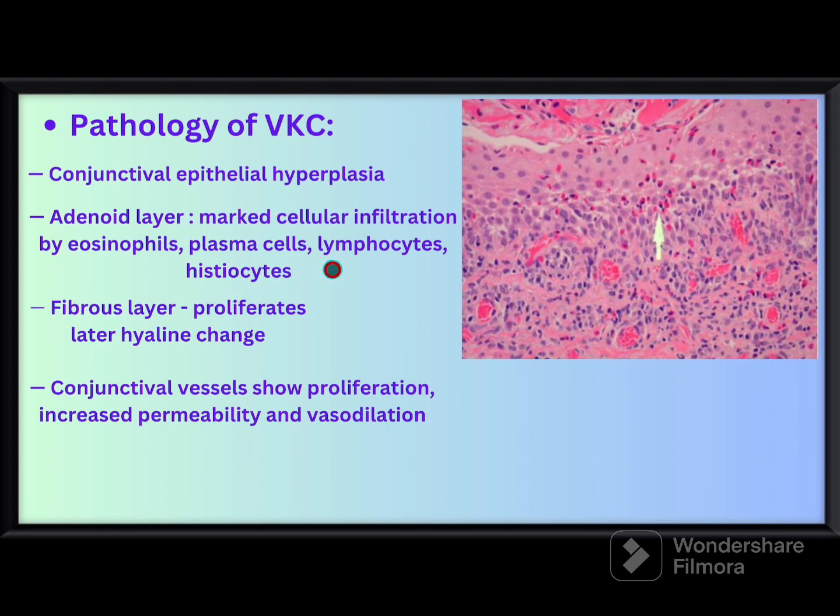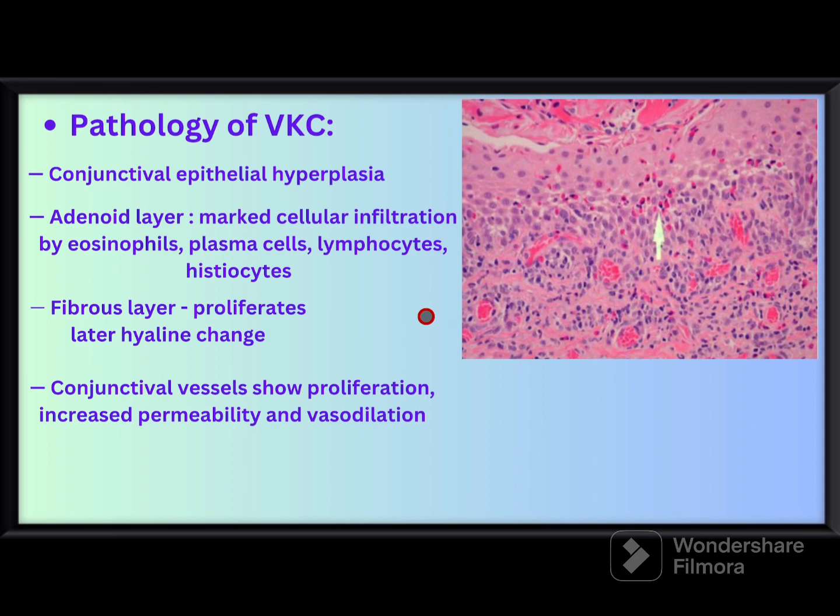How about the adenoid layer? In the adenoid layer, you'll see that there's marked cellular infiltration by eosinophils, plasma cells, lymphocytes and the histiocytes, right? How about the fibrous layer? The fibrous layer proliferates and later it undergoes the hyaline changes.